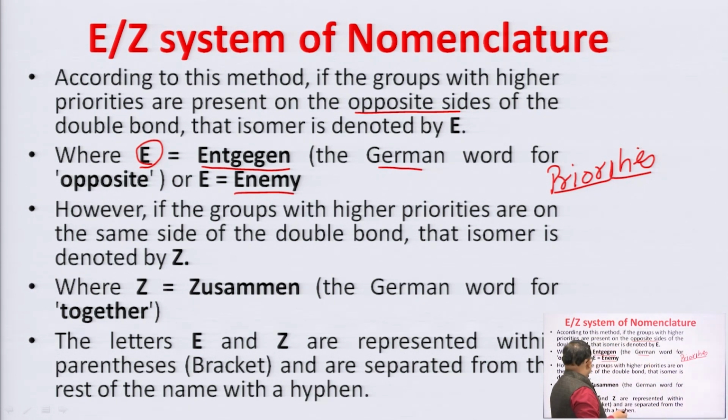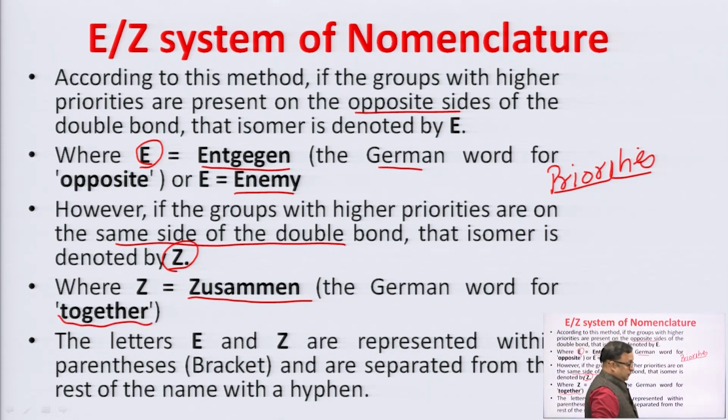If they are present on the same side of the double bond, we represent them by Z, and Z stands for Zusammen, and the meaning of this German word is together.